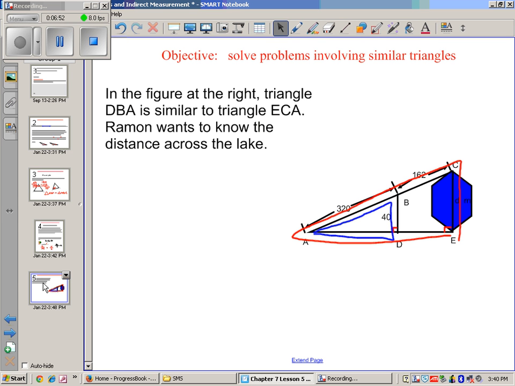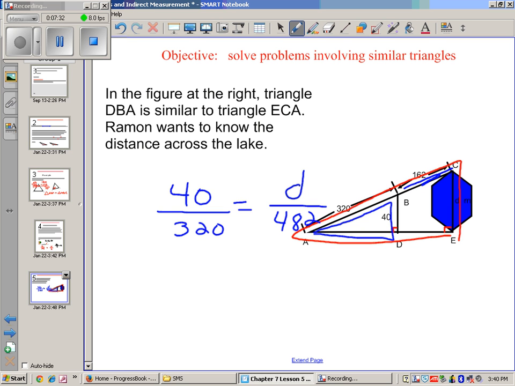So let's do it with our smaller triangle first, the ABD, the blue one. We're going to have 40 over 320. And then what matches up with our 40? Our 40 is our distance across the lake, so that will be our D. And then what matches up with our 320 is you need to add the 320 and the 162, which you get through 482. Because remember, it's not just this part right here.